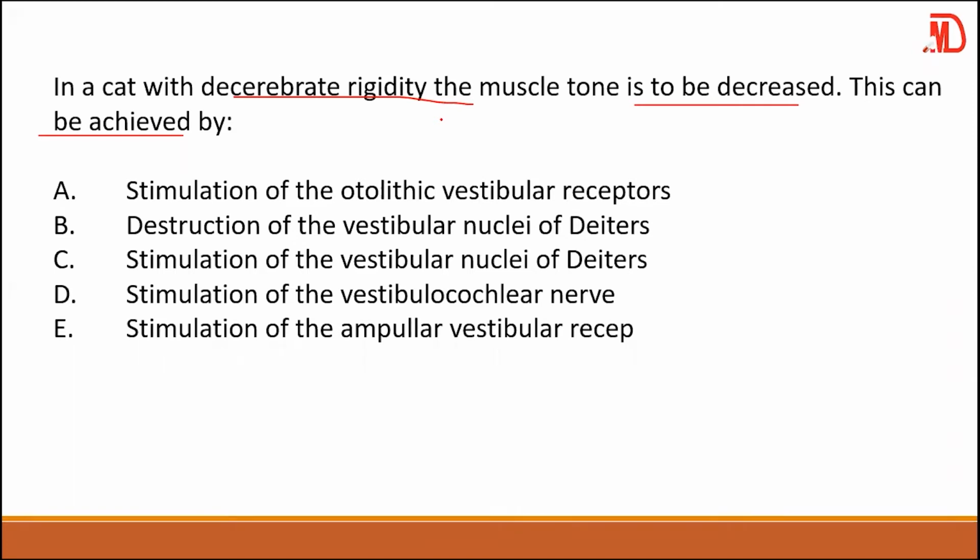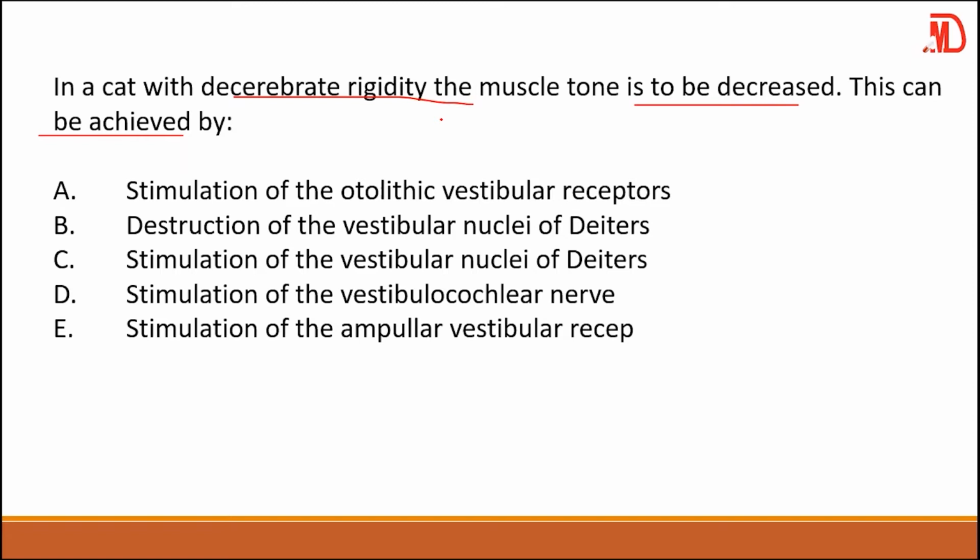Inside the vestibular nerve, we have 4 nuclei. I don't want to go into details, but we have the superior, the inferior, the lateral, and the medial. The lateral is also known as Deiters' nucleus.